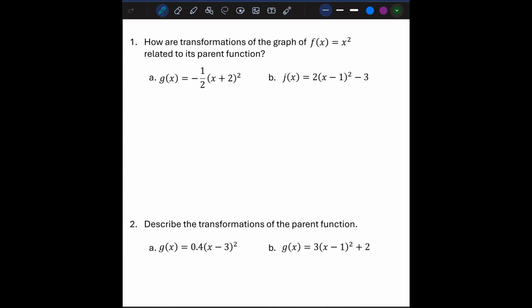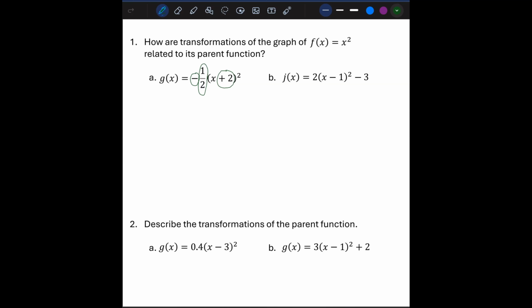So I can see down here that inside I have added 2, and then on the outside I have multiplied by 1/2, and then I have also multiplied by a negative. When you multiply by a negative, that's giving you a reflection. When you multiply by a number, that's going to give you a stretch or a shrink.